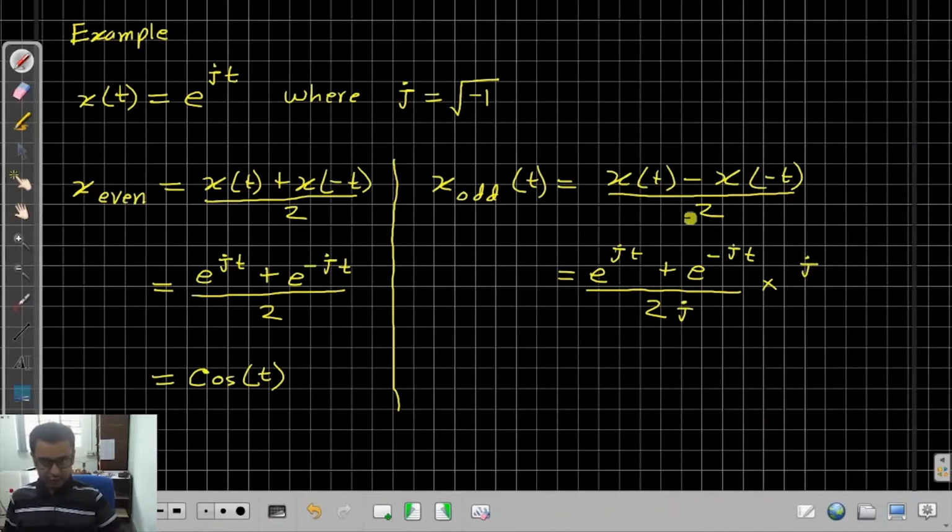Then this part you should recognize as sine of t, multiplied by this factor j. Therefore e to the power jt, you should be aware, is equal to cosine t plus j into sine t.